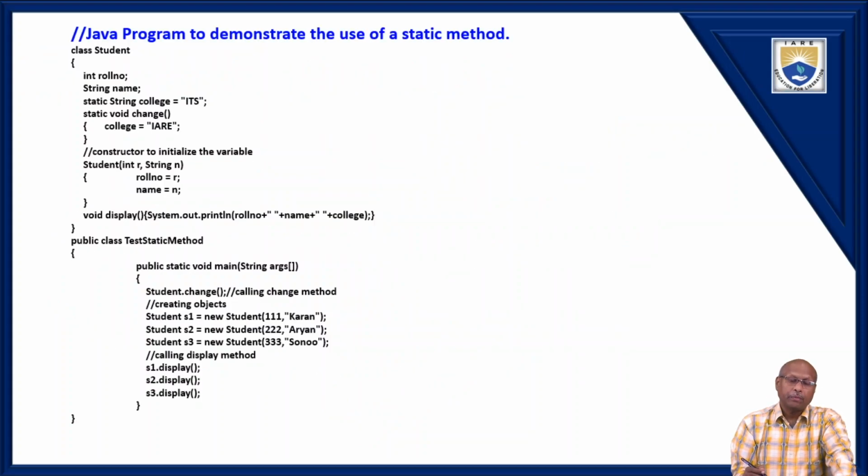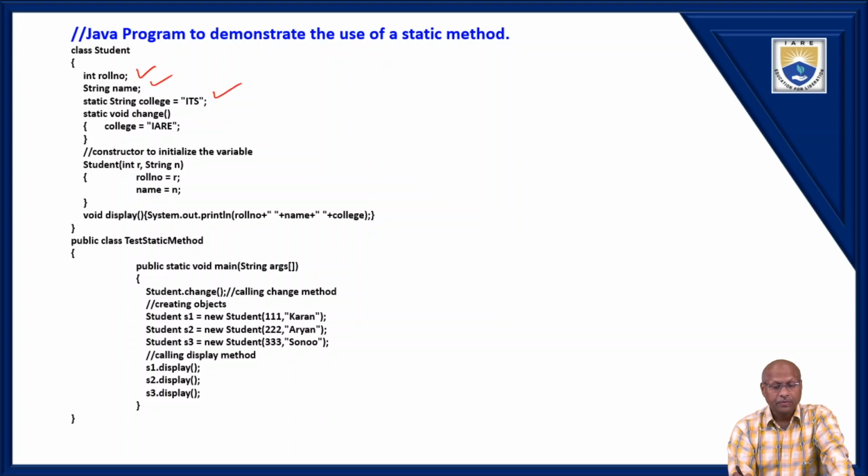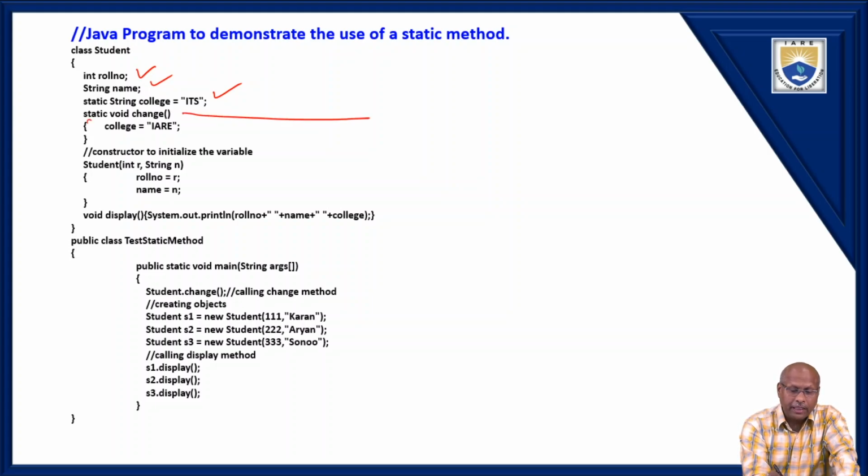Now if you observe here, I have a class called Student with roll number, name and college. And there is a method called change. What kind of method is this? Static method. Static method means class method.